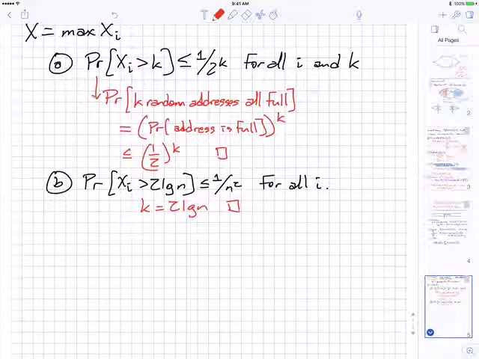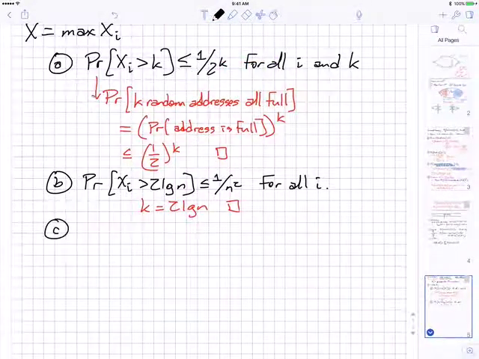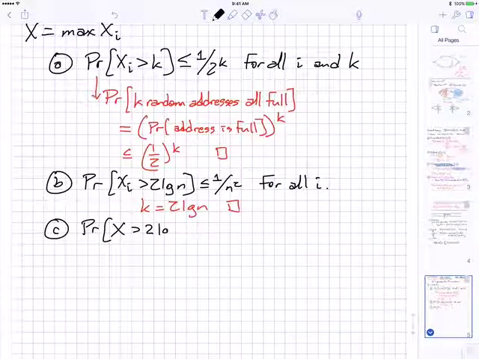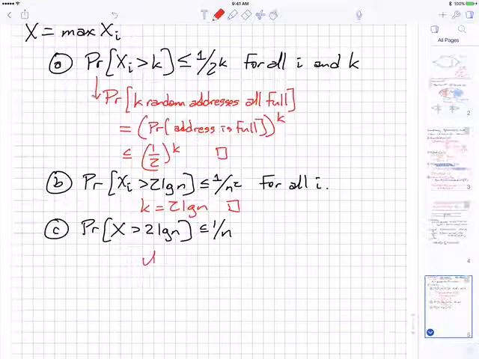I mean, 2 to the 2 log n is n to the 2 log 2, which is n squared. Part C, prove that the probability that x is at least 2 log n is at most 1 over n. Now there's no i anymore.